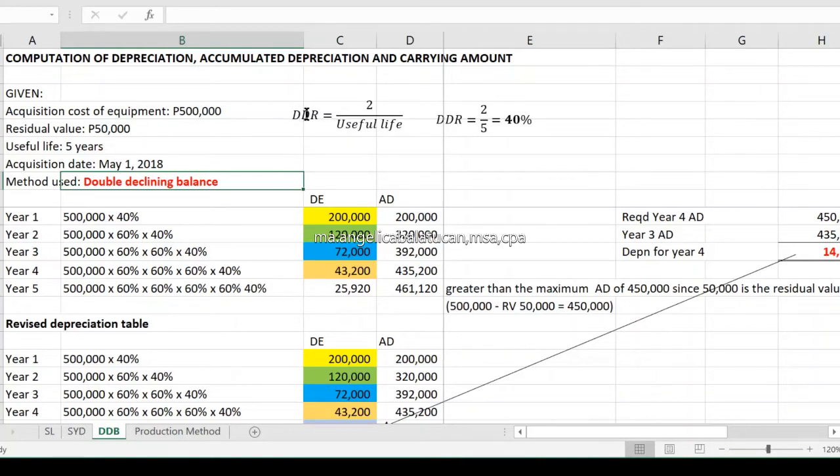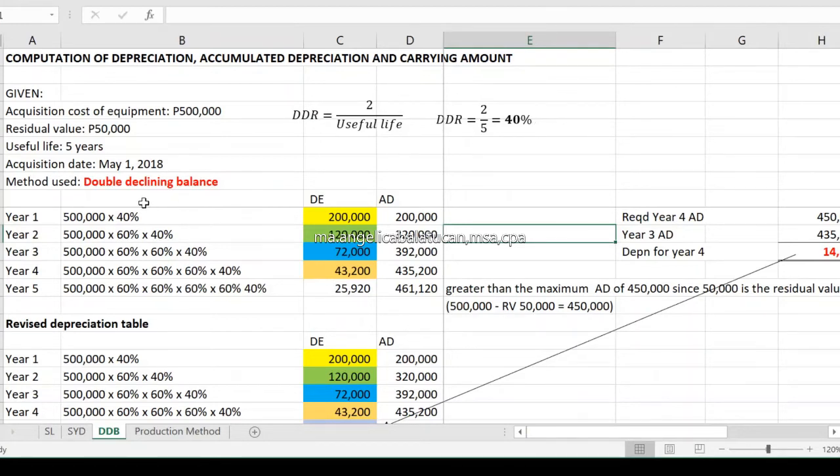To compute that, that's equivalent to 2 over the useful life. So 2 is constant. So for this problem, since the life is 5 years, 2 over 5, that's 40%. Okay, so 40% will be the rate that we will be using in determining the annual depreciation.